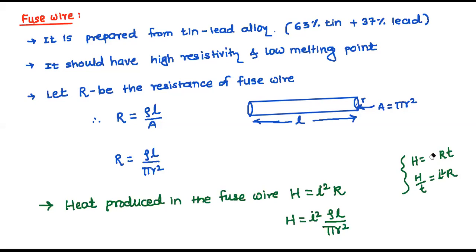Okay, understood now why I am using that formula? Here T is equal to 1 second, and therefore heat lost or heat produced in the fuse wire, H is equal to I square R, per unit time. Understood? Okay, next.